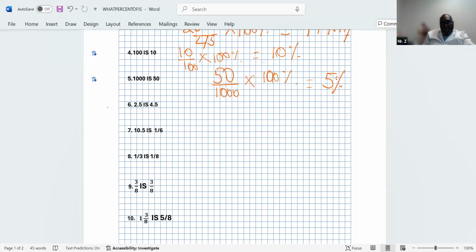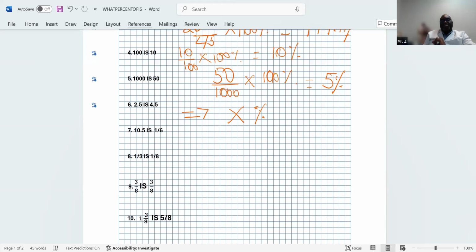Second one, you have 2.5. What percent of 2.5 is 4.5? Now let's bring it in a different way. The question they are asking us is, what is X percent? We do not know. Of becomes a multiplication.